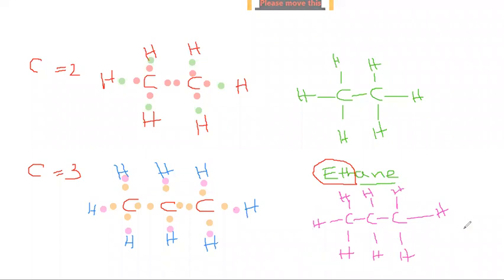The name of this one is propane. The ending ane is there because it belongs to the alkane, and prop means that if three carbon atoms are present, then you should name it with prop. Now I am just putting the name.